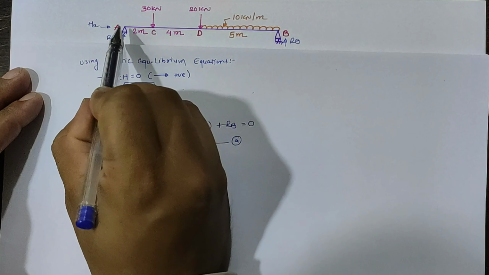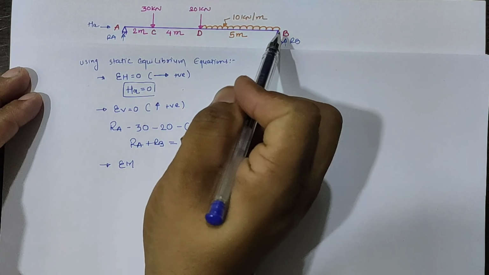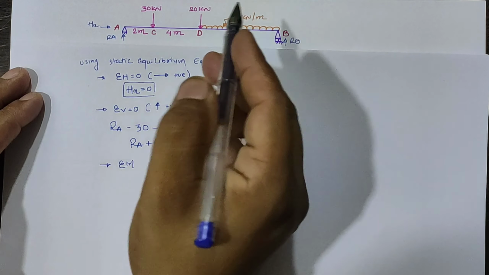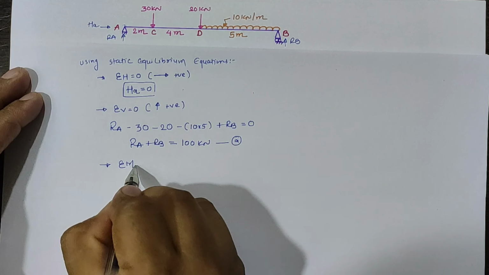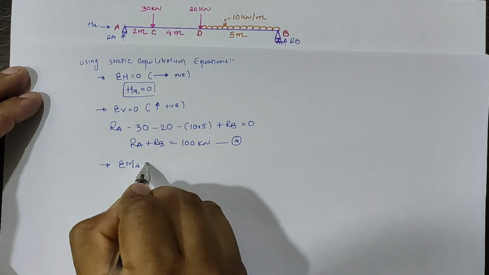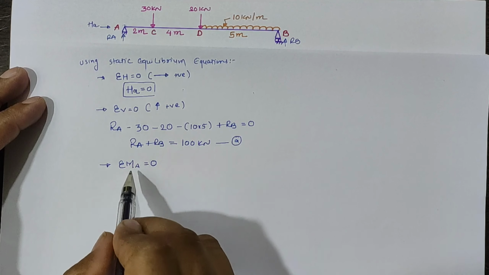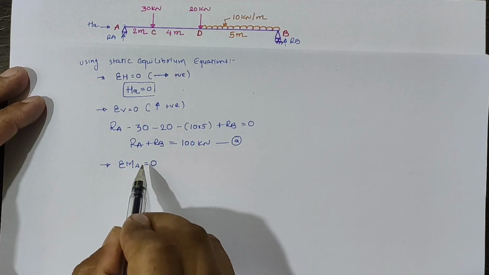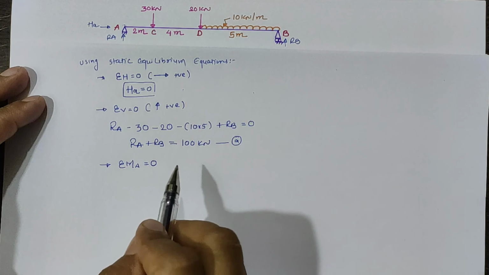It means that at point A or C or D or B, wherever we assume the moment, the value is 0. So let us take the left hand point, the moment at A, equal to 0. According to the moment definition, moment is the multiplication of the total load with the distance of the CG of the load to the point where we take the moment.